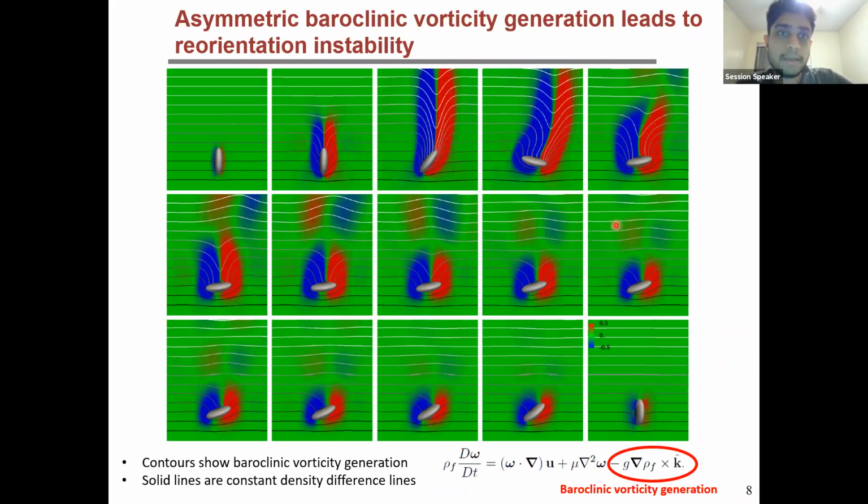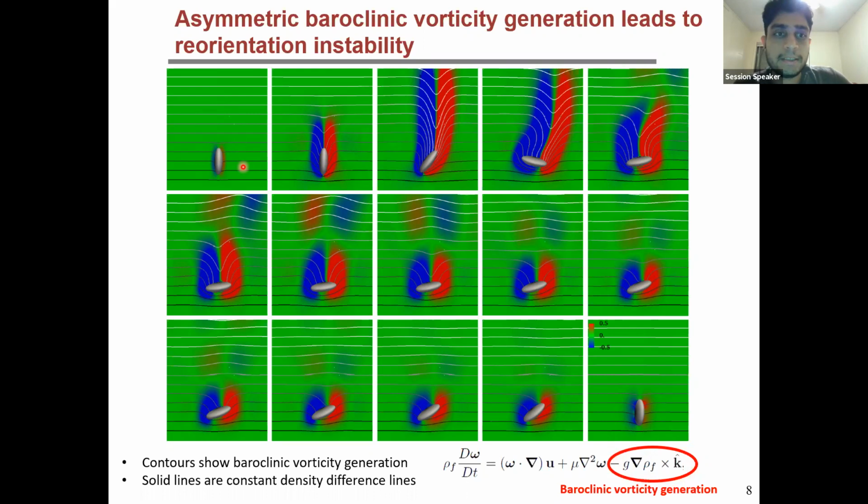To explain why the reorientation instability sets in, we look at this baroclinic vorticity generation term. This term is not present in a homogeneous fluid and present in a stratified fluid because we have this misalignment of density gradient. In a homogeneous fluid, as the particle settles, it accelerates and reaches a terminal velocity.